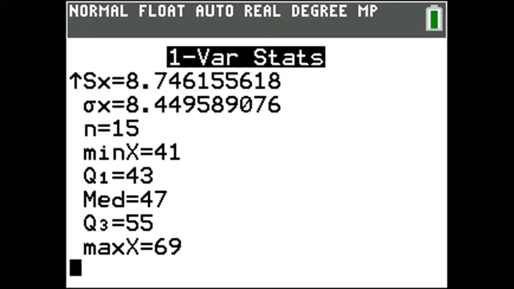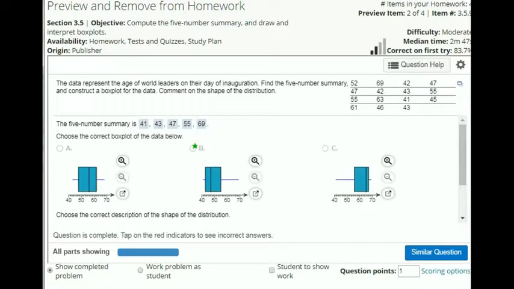The minimum is 41, Q1 is 43, the median or Q2 is 47, Q3 is 55, and the max is 69. And as you can see, this is consistent with the answers that the textbook came up with.